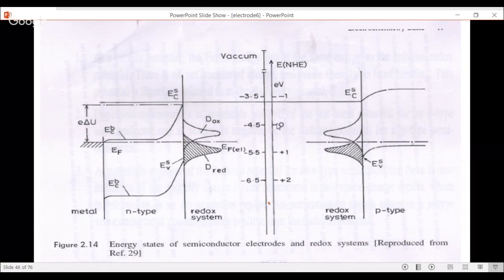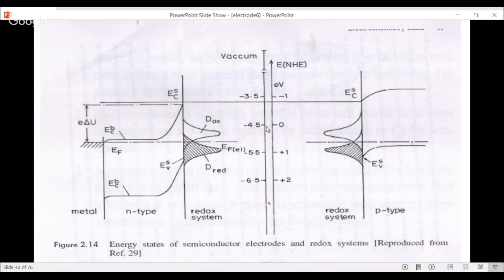So the electrode here is a hydrogen electrode. The potential has to be incorporated in terms of the potential with respect to the electrode. Therefore, on the right-hand side, we are showing the electrochemical scale. This is the absolute potential scale, and this is the electrochemical scale.